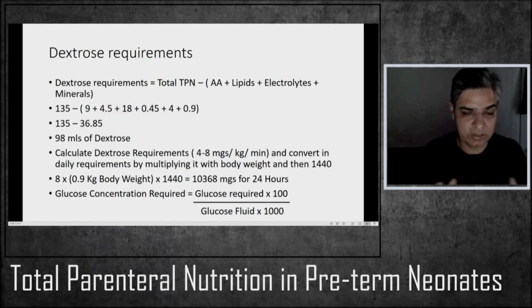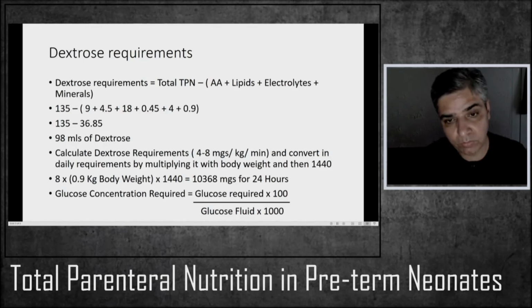As I said, this is a bit of a complex subject, but to make you start in this field of TPN, I have just described these 5 steps which would make it easy for you to calculate the TPN. Step number 1 is to calculate the total amount of fluid, for which you can use the charts, then multiply it by body weight, and that gives you the amount of fluid required in 24 hours.